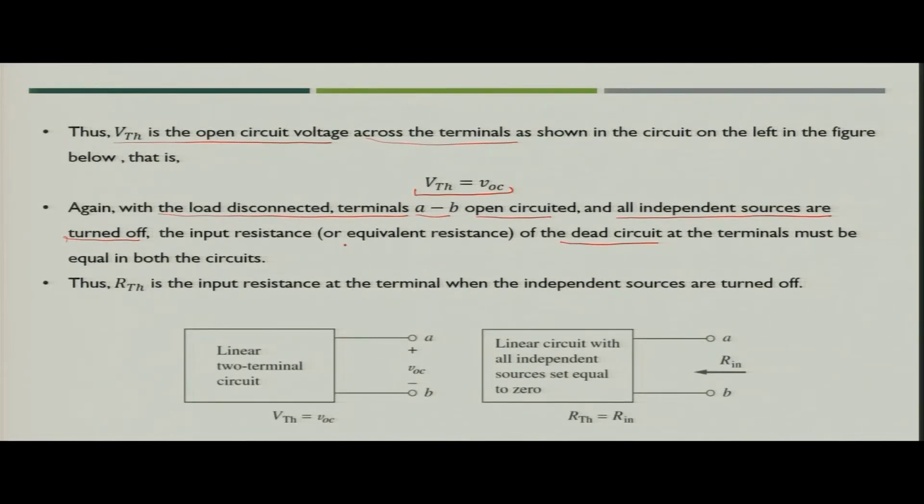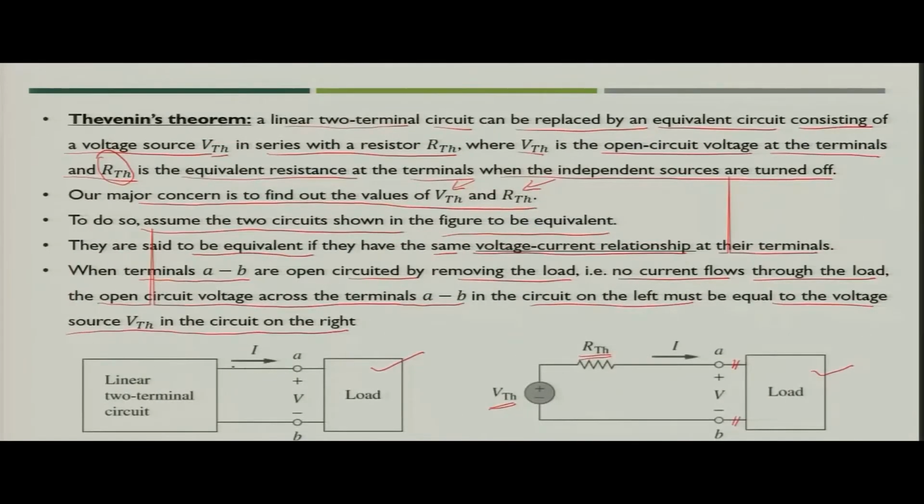Now, the equivalent resistance which you will measure between these two terminals A and B would be equal in both of the cases. Both of the cases means case 1 where you have the linear two terminal circuit, you take all the sources off, and you measure the RTH here. Similarly, if you measure RTH here, it will be this value, because in that case this would be short circuited.